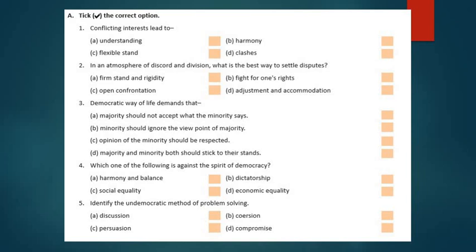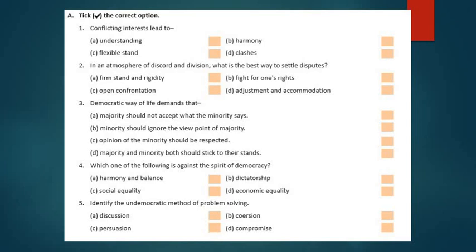The third, a democratic way of life demands that, what does it demand? Opinion of the minority should be respected. Four options are here. Majority should accept what the minority says. It doesn't happen in democracy. Minority should ignore the viewpoint of the majority.